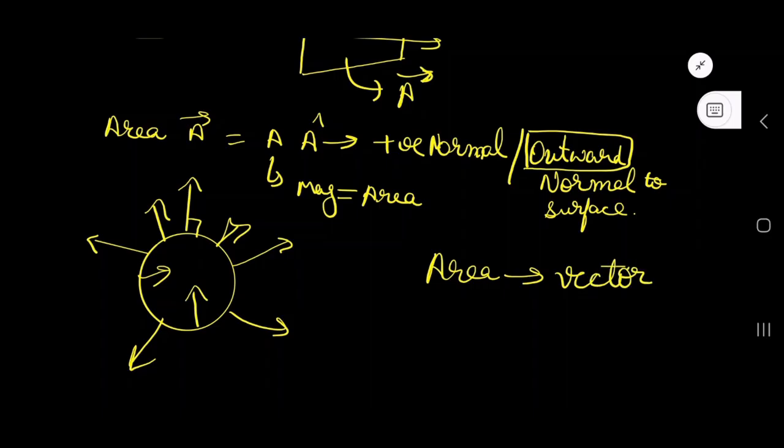Okay, so in your NCERT, this topic is considered analogous to fluid flow, or water flowing through a pipe or any surface, means how much water is flowing over the surface. From there also we can understand this, right?